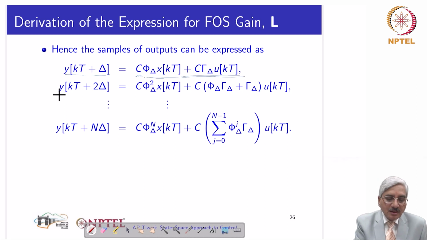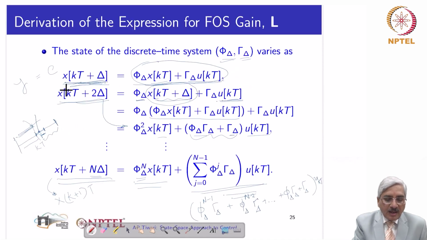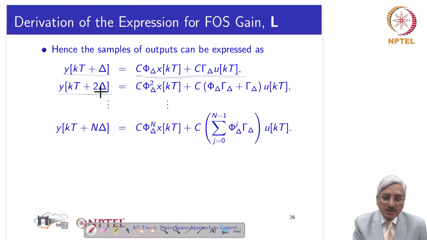Similarly, y(kT+2δ) will be given by C times x(kT+2δ), and because that is equal to this one, we substitute this. So we get y(kT+2δ) as C φ_δ² x(kT) plus C(φ_δ Γ_δ + Γ_δ) into u(kT). And in this manner, we finally evaluate y(kT+nδ) given by this one.